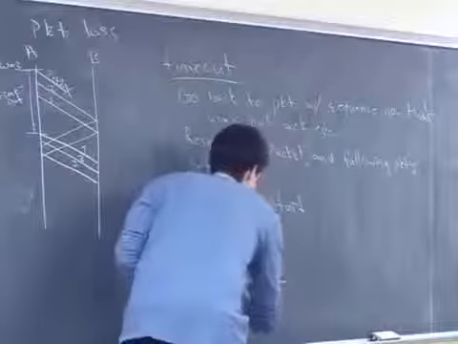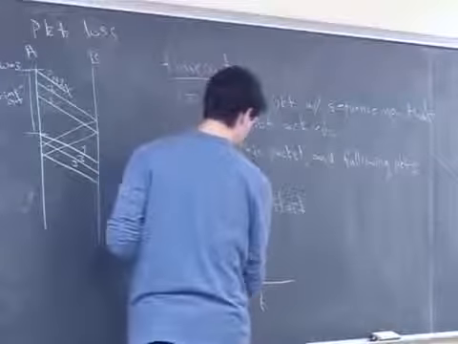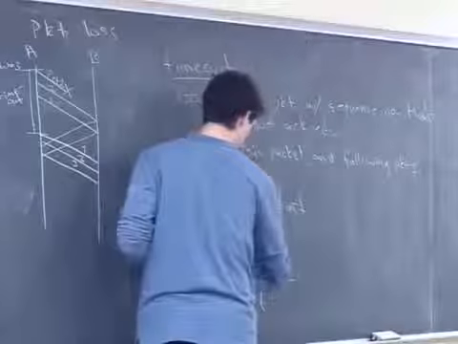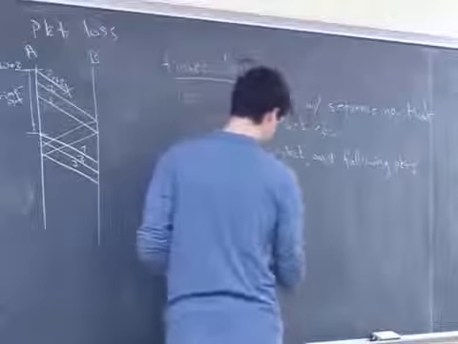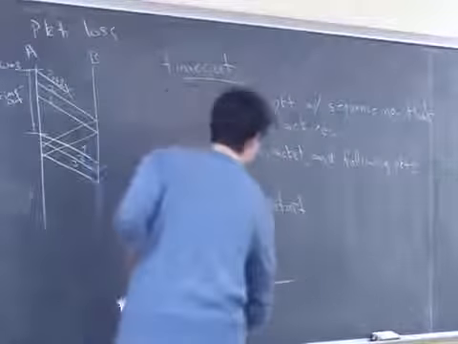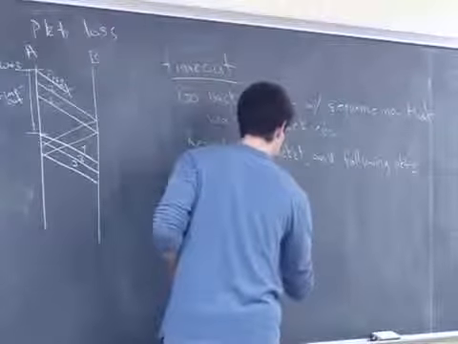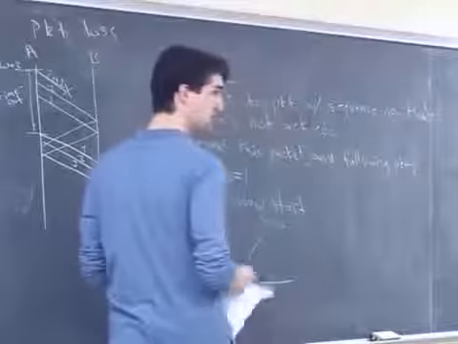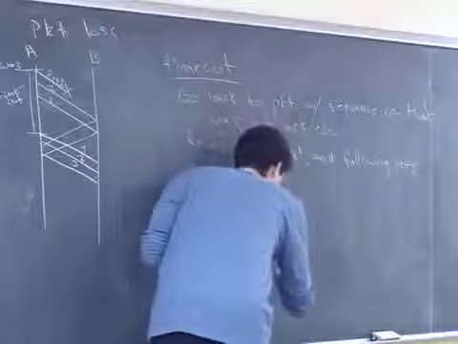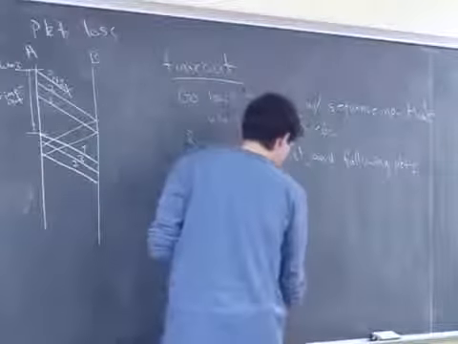We have time again and our window size. All right, so we do slow start, we go to congestion avoidance mode, and here we have a timeout. So we set our window size all the way back to 1, and we do slow start again.